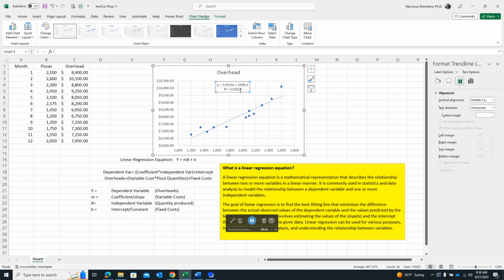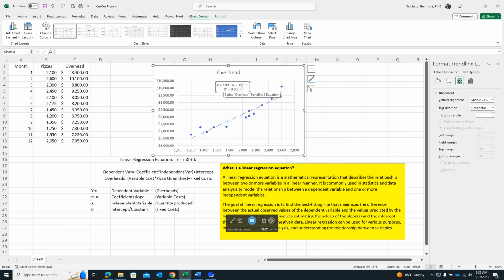So which means that here the only two things that we do not know anything about is the Y, also the overheads, right? But if we know what quantities we want to produce, that X, then we are actually able to estimate the overheads, right? So here already, as you can see, it's bringing meaning to our linear regression equation. However, I need just to clarify why I include the R square.